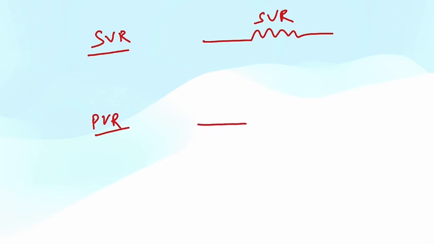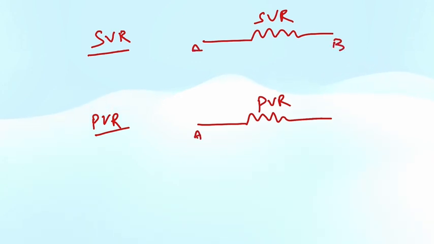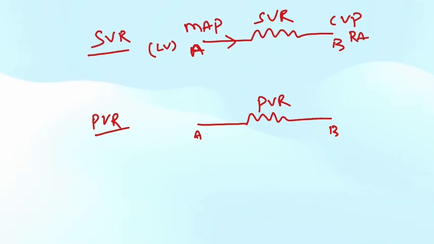For calculation of SVR, let us understand the same concept. This is systemic vascular resistance and this is PVR. The points A and B in both setups will be different. What is the driving pressure for systemic vascular resistance? Mean arterial pressure is the higher pressure and the returning pressure is CVP, from the left ventricle to the right atrium.